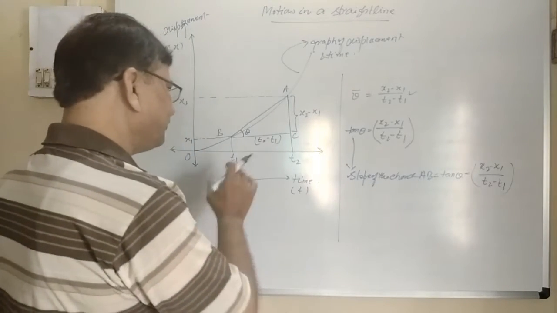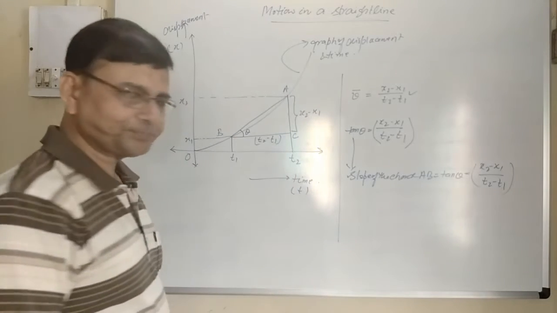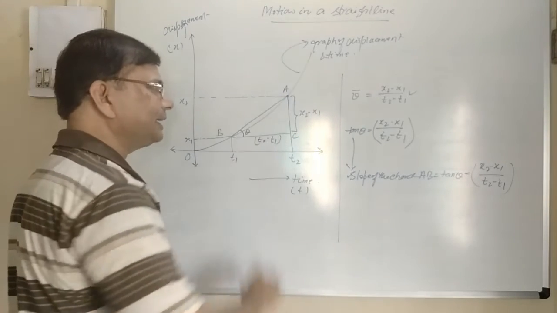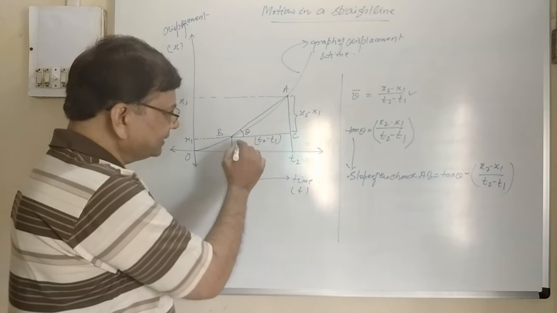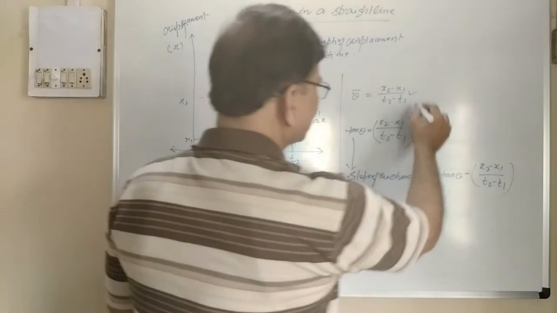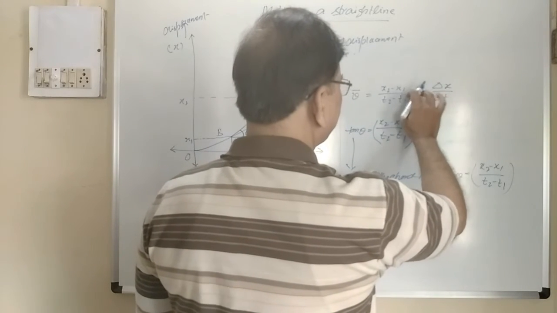Now, if B approaches A, we want the instantaneous velocity at this point. This is delta t, this is delta x, so this is equal to delta x upon delta t.